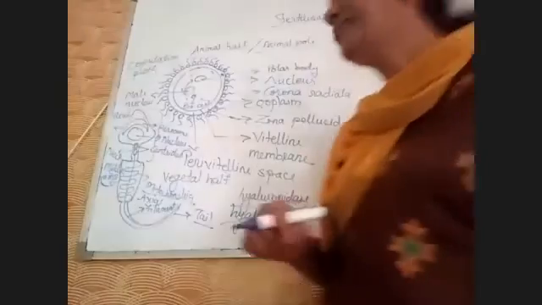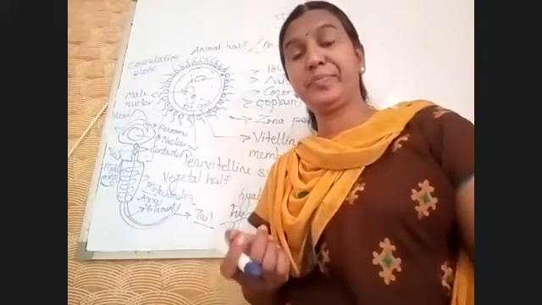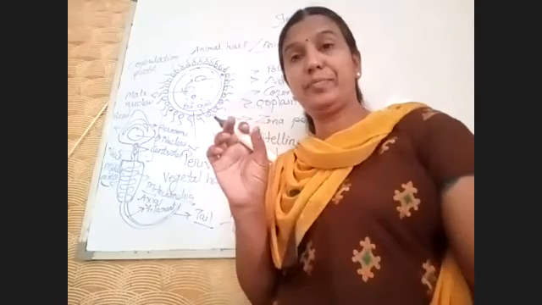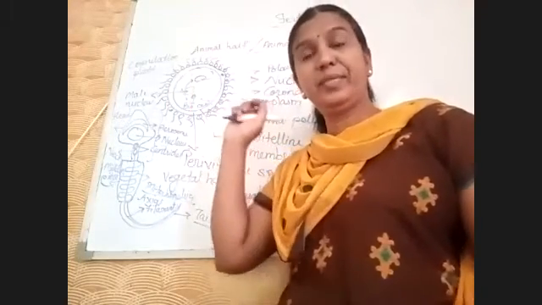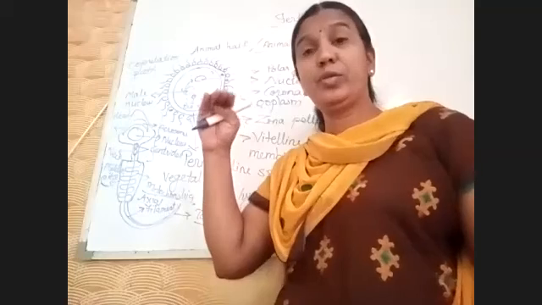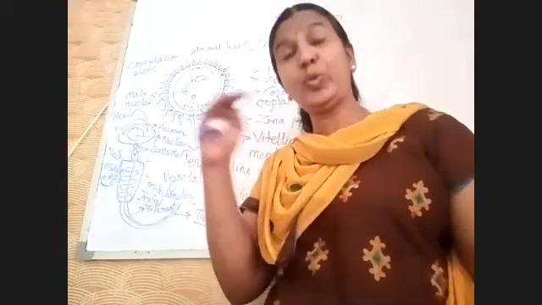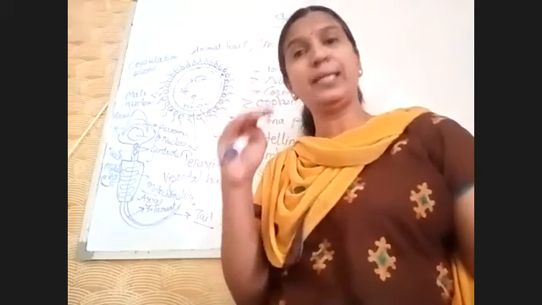So after 3 hours of fertilization, what will happen? This zygote, which is present inside the ovum, will travel towards the uterus, so that the implantation process can take place.